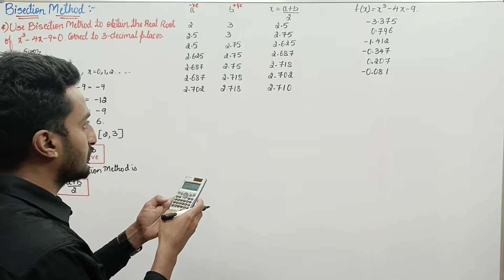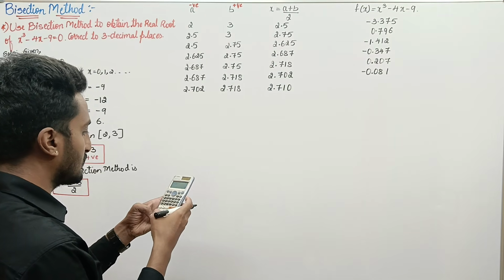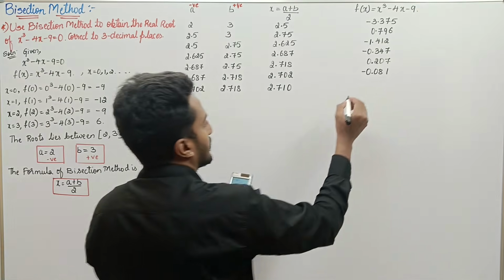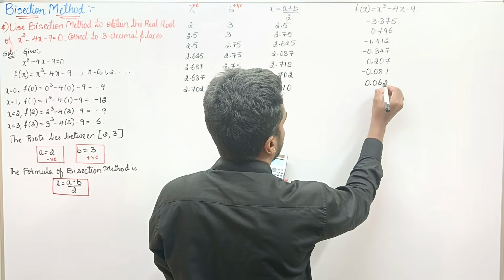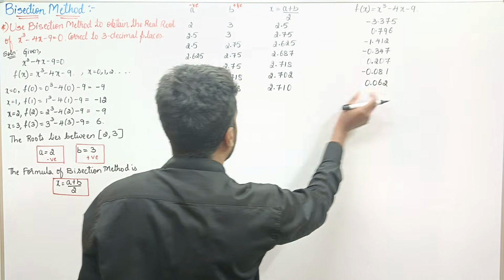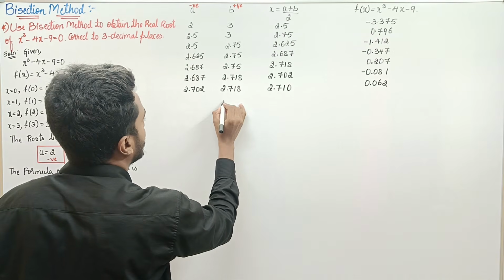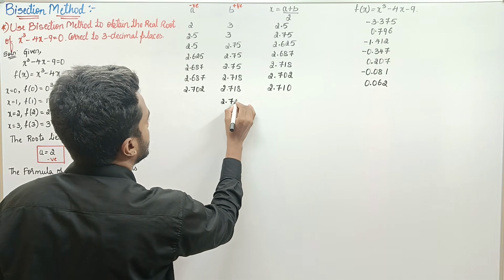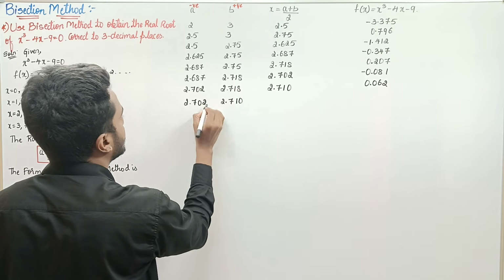Press function value, you get calc 2.710 equals, you get 0.062. Since it is positive, 2.710 will be replaced in the positive term, that is 2.710 and 2.702 remains the same.